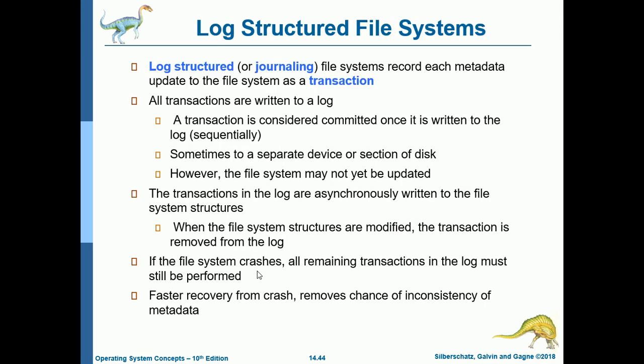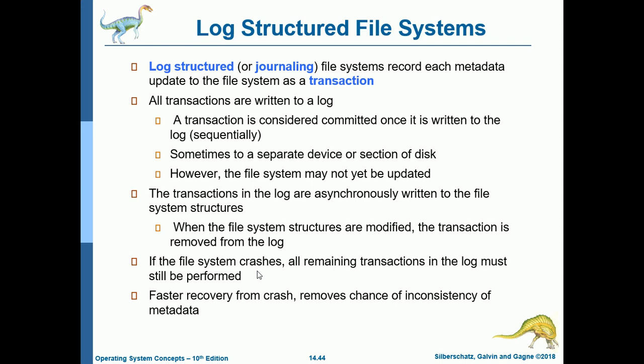Okay, next we have the log structured file systems. Log structured or journaling file systems record each metadata update to the file system as a transaction. All transactions are written to a log. A transaction is considered committed once it is written to the log. It is written in sequential fashion, sometimes to a separate device or section of disk.